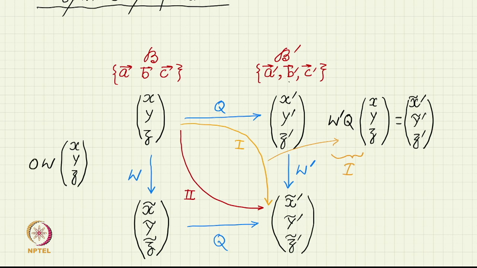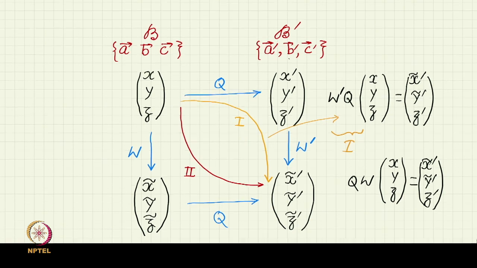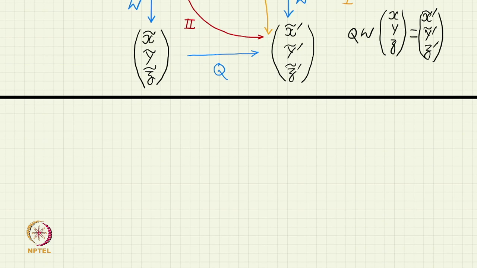Multiply by q. And what do I get out of it? x tilde, y tilde, z tilde. You can see from these two now, RHS is the same. So, LHS also has to be the same.